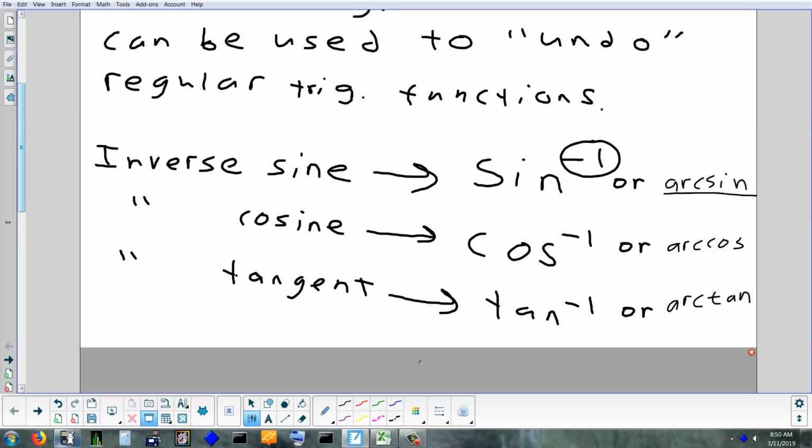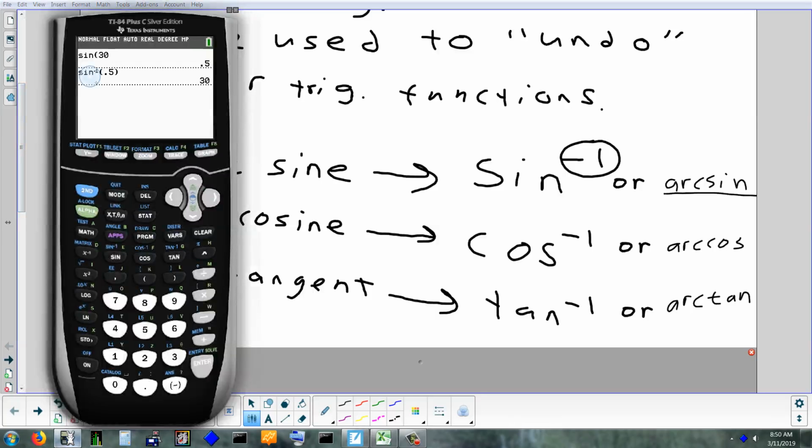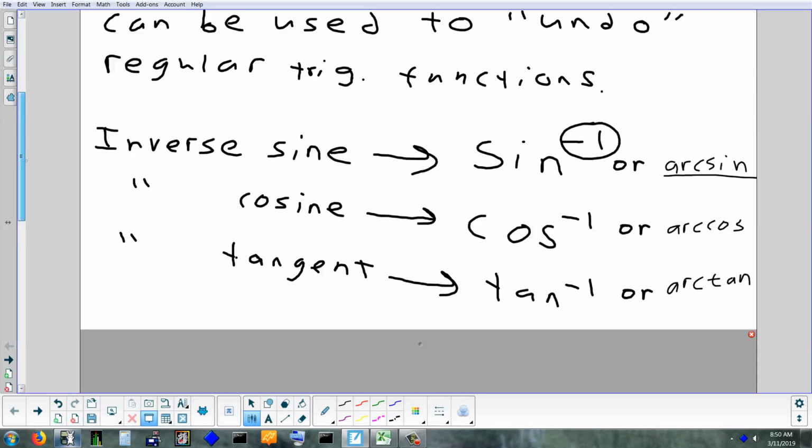Same thing. Okay, arc sine is kind of an older way. If maybe you have some textbooks a little bit older, you might see the words arc sine. It's exactly the same as putting a sine with a -1, just a different abbreviation. I usually stick with the -1 notation, and so would your calculator. Okay. It'll use the -1.